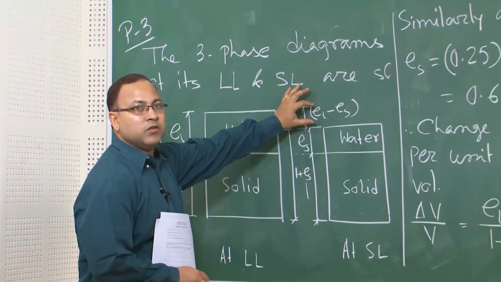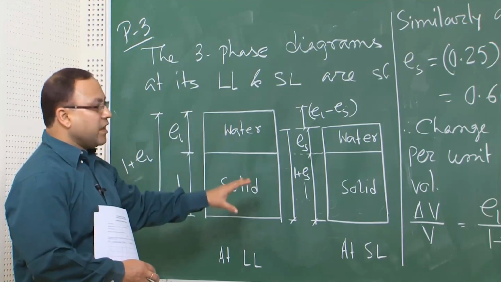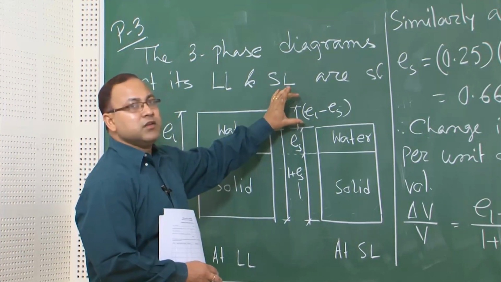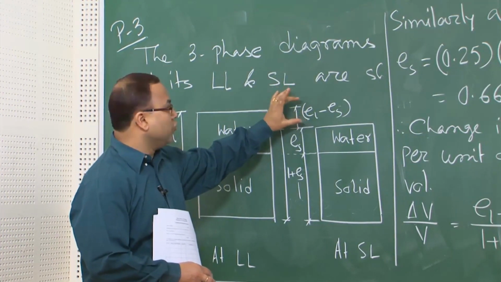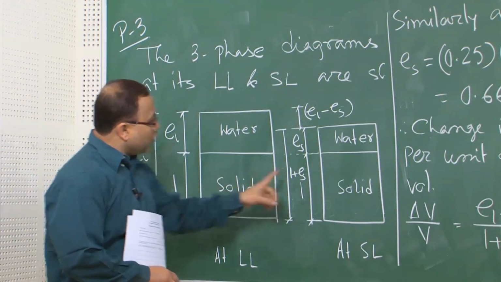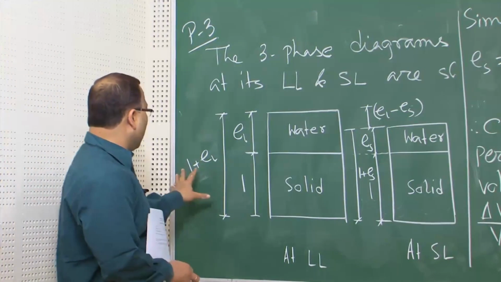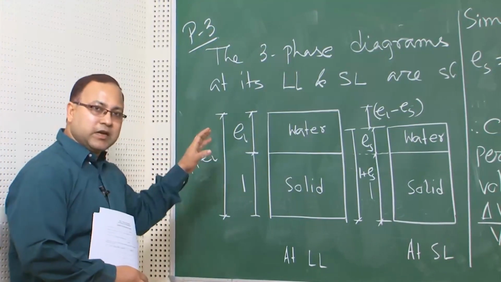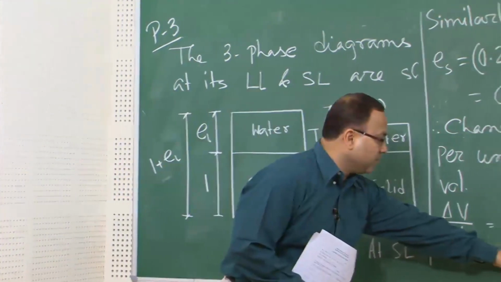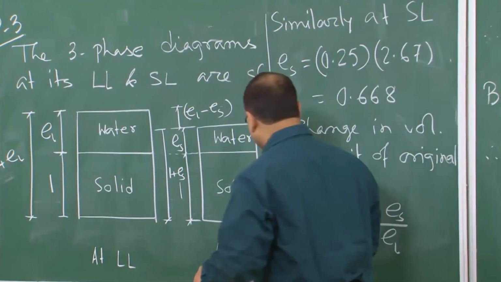This much is your change in volume, because this was the phase diagram at liquid limit. Now, after the drying cycle, you are getting the phase diagram like this at shrinkage limit. So, this much is your change in volume, the reduction in volume, and that is due to the evaporation or removal of water. Whereas your volume of solids will remain the same, there is no change in that. So, the total volume is 1 plus EL, the original volume of the sample at liquid limit, and EL minus ES is the change in volume.